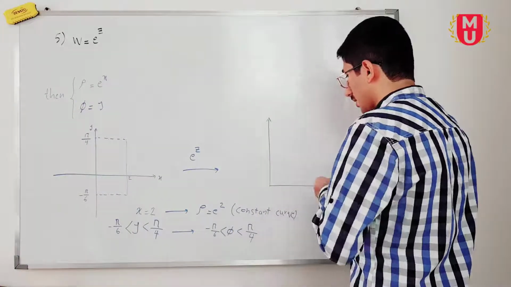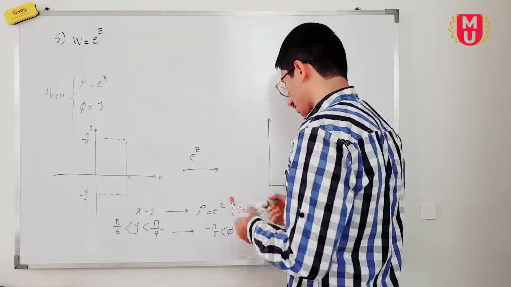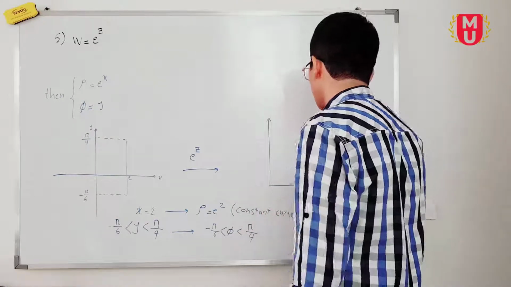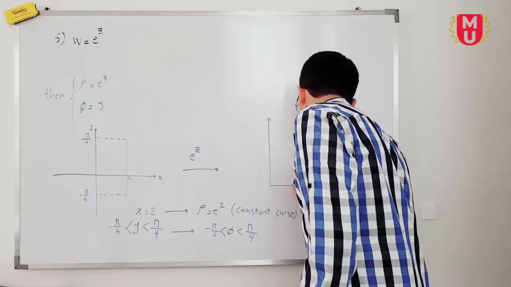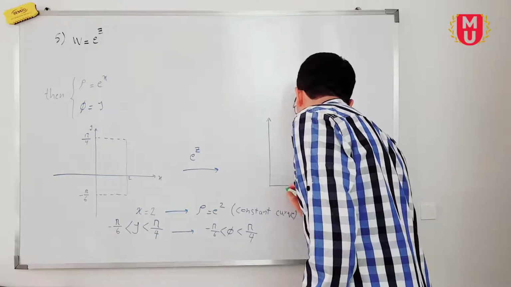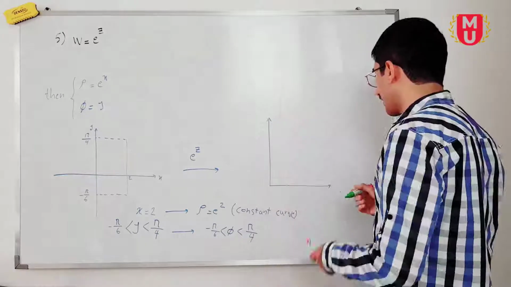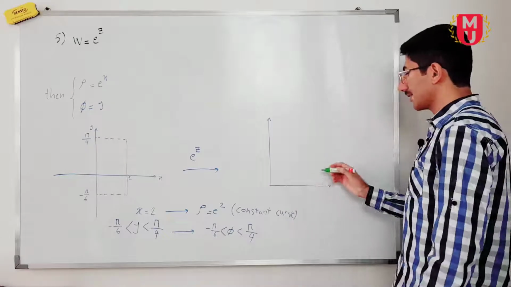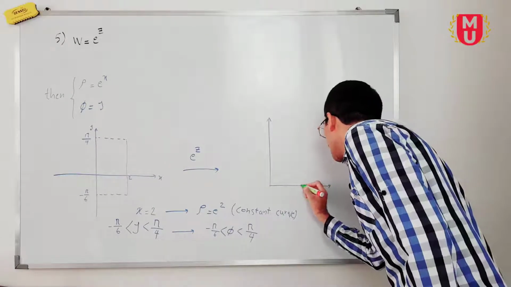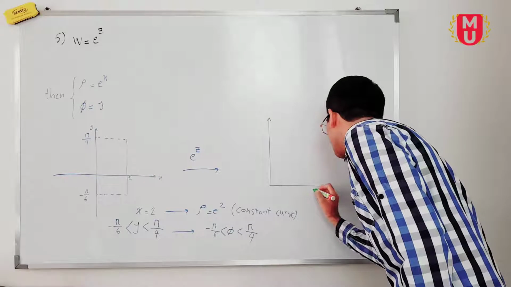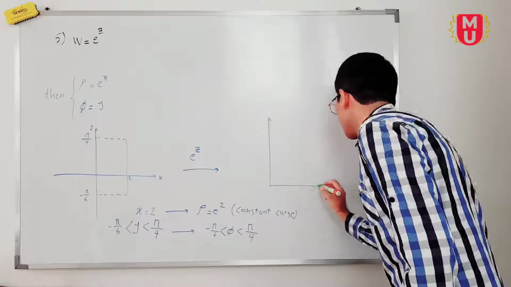Because our radius is constant, we firstly draw a radius of e to the 2. This is 1. E to the 2 is approximately equal to 7.3. It is e to the 2.